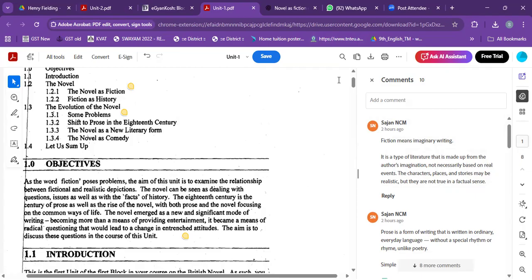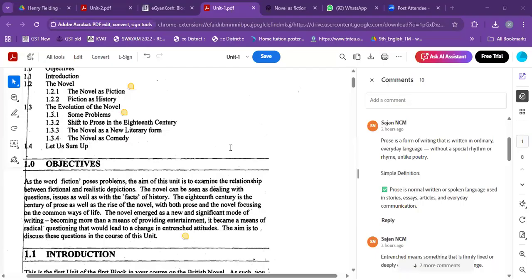So that is all about fiction. Okay, so the novel as fiction that we discussed. And as a sub point for the novel, you have 1.2.2, fiction as history. Then you have the next main point, the evolution of the novel.